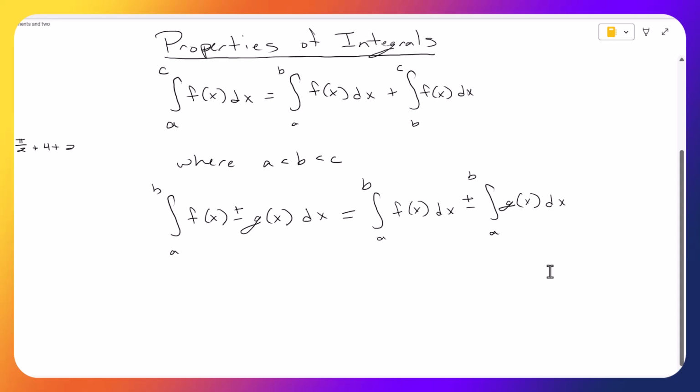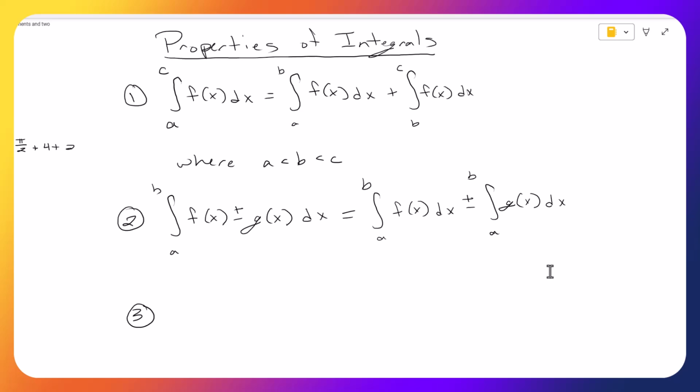I should label these. And our third and I believe final property, but I won't say it's final for sure yet, unless I decide I want to give another one, which I actually might give because I think it would make life easier if I told you all about it.